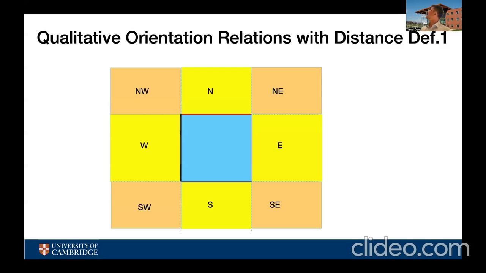If we name them north, south, east, west, and so on, it is one of the qualitative orientation frameworks defined by Andrew Frank in 1992. It's a distance comparison from a point to the 4 sides of the square.